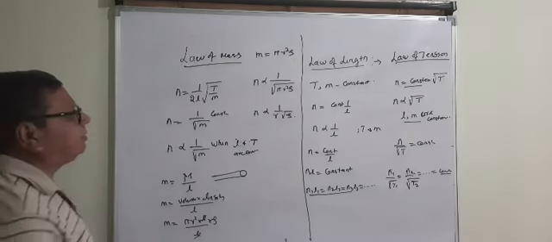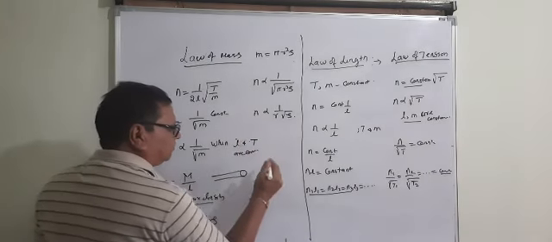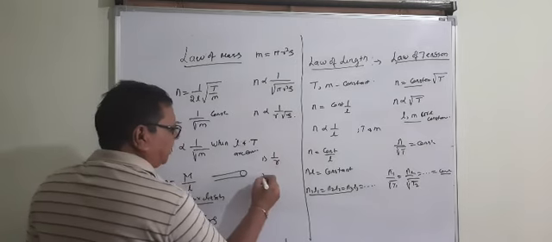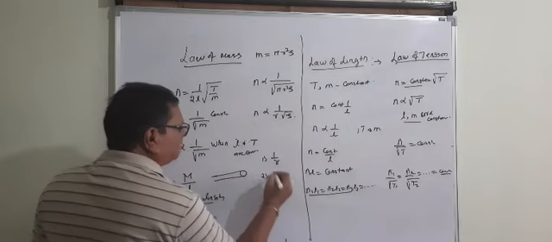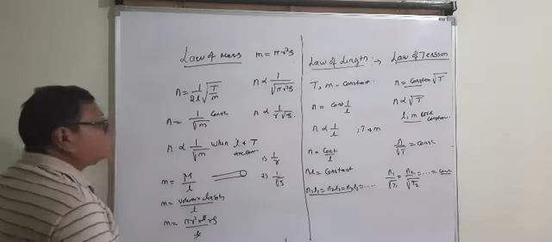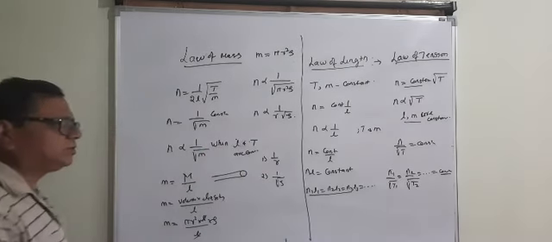Second statement, the fundamental frequency of vibration of a stretched string is first inversely proportional to radius, second inversely proportional to the square root of density of the wire, when length and tension are kept constant.